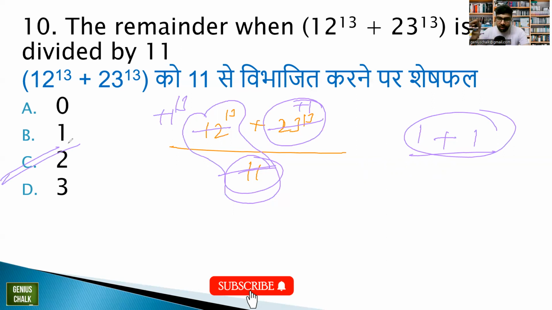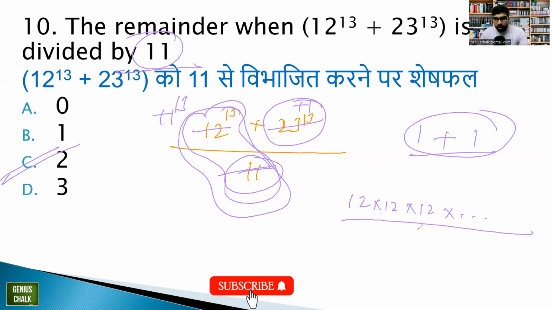I hope the concept is clear. Again, I'm repeating: a to the power n plus b to the power n by a plus b has failed. Why? Because the divisor is not a factor of 35 here. So that rule has failed here, so we have to apply normal division. 12 to the power 13 is like 12 written 13 times, and we divide by 11.